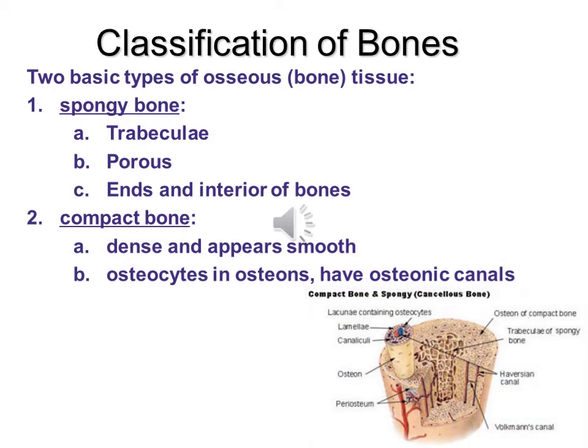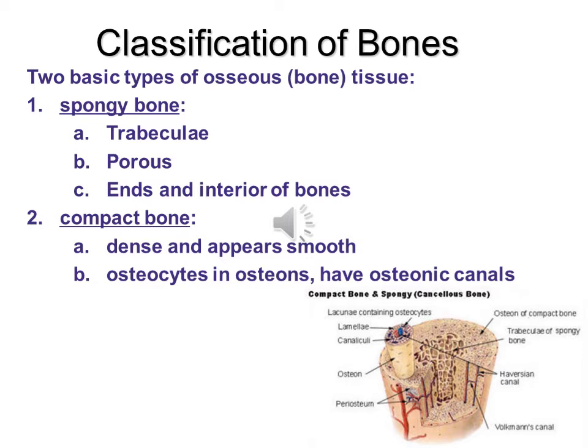We have 2 basic types of osseous or bone tissue, and you already kind of identified this on the first lab test. You've seen a picture or a cross-section of bone tissue, but we're going to look at it in more detail here. We have spongy bone, which is deep within the bone itself.